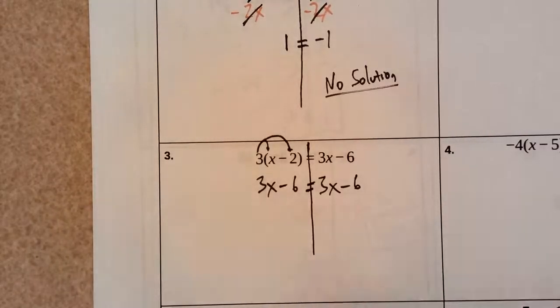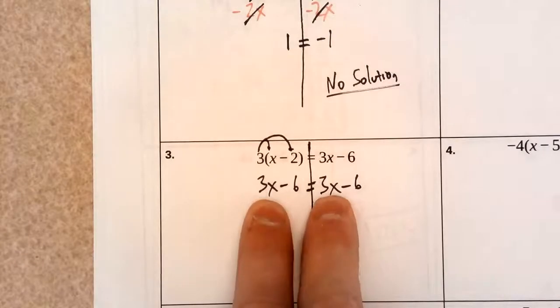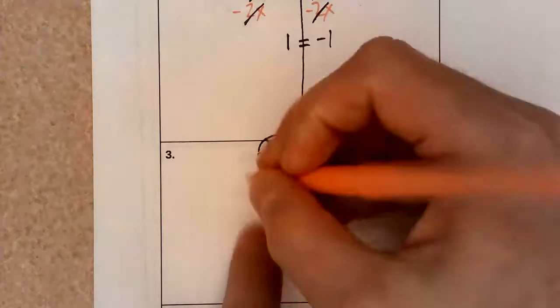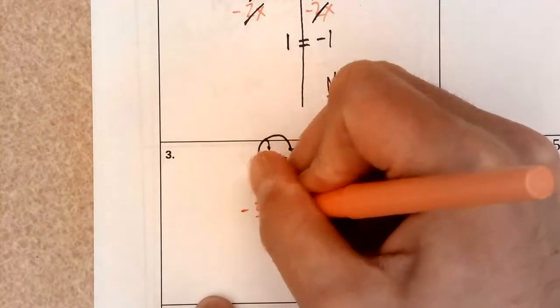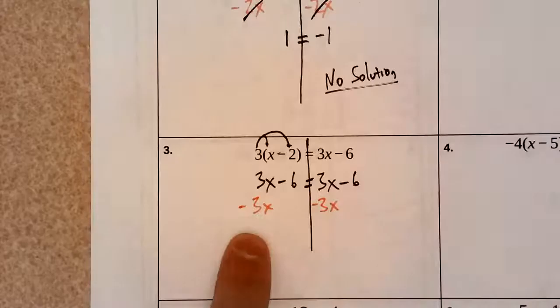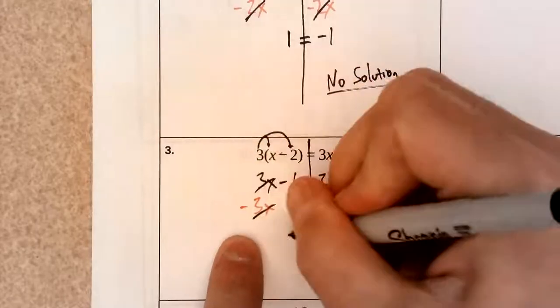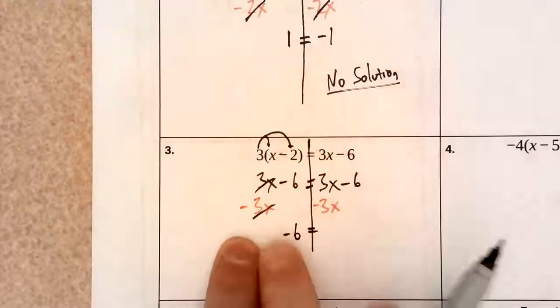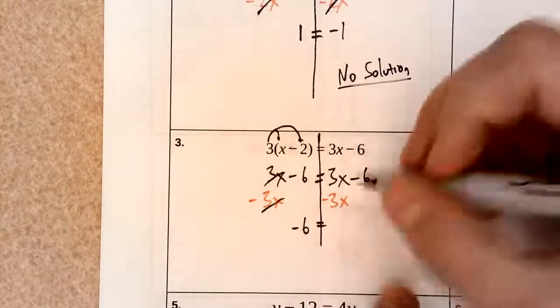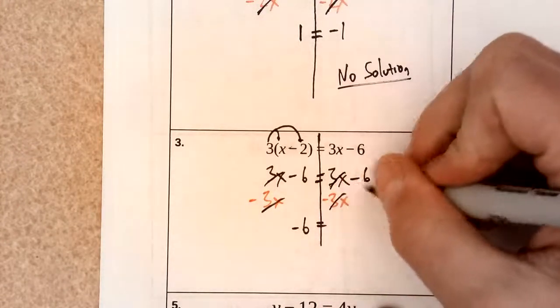Now, there's a variable on both sides. I don't like that, so I'm going to cancel out my variable on this side. Minus 3x, minus 3x. Cancel, cancel, carry down the negative 6. On the other side, 3x minus 3x cancels out, and I'm left with minus 6.